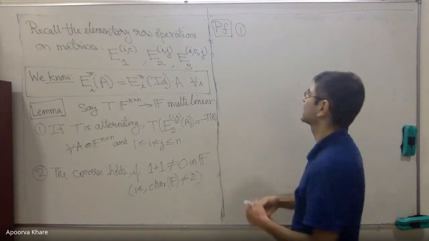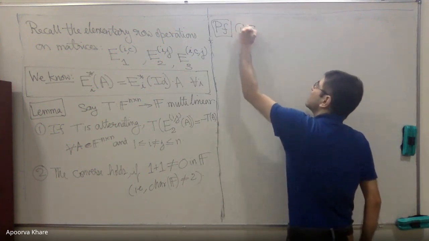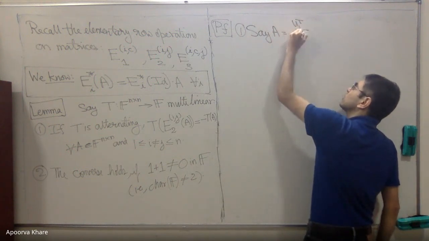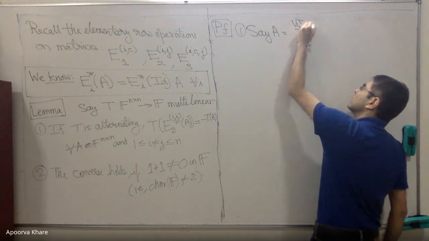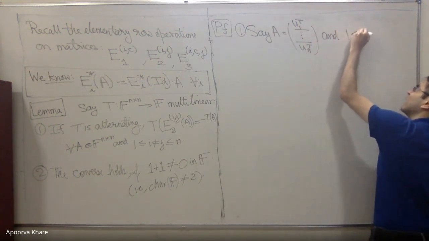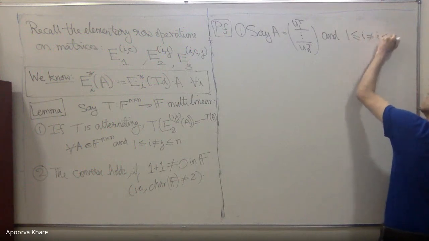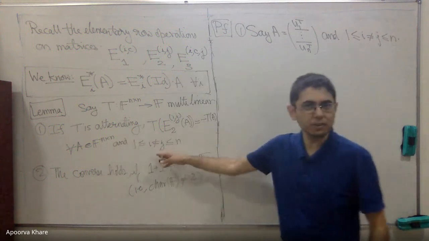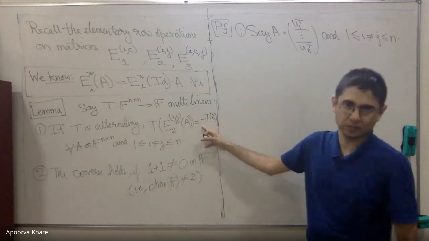So let's start with the matrix. Let's say A equals, you again write this down using the rows. And we fix i not equal to j. We want to take A in F to the n by n, and for every A and every pair i, j, we want to prove this.